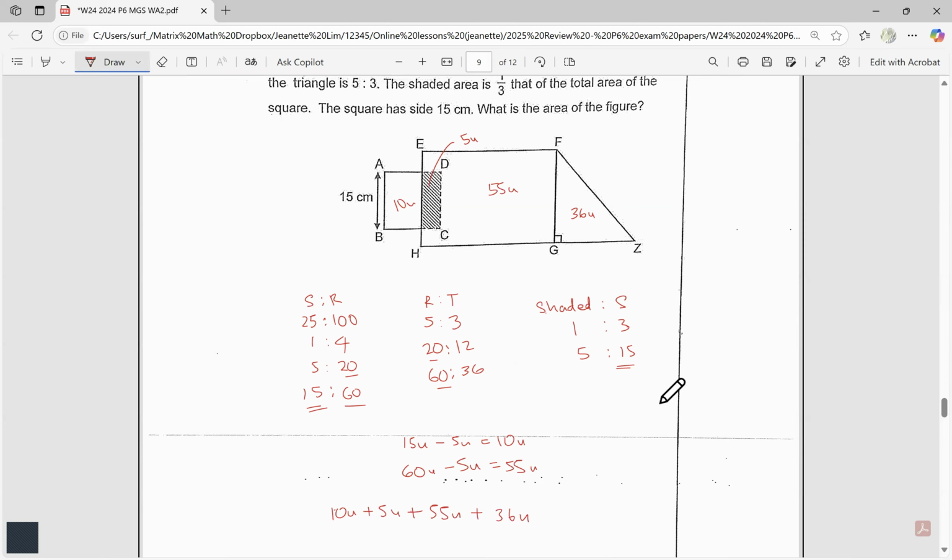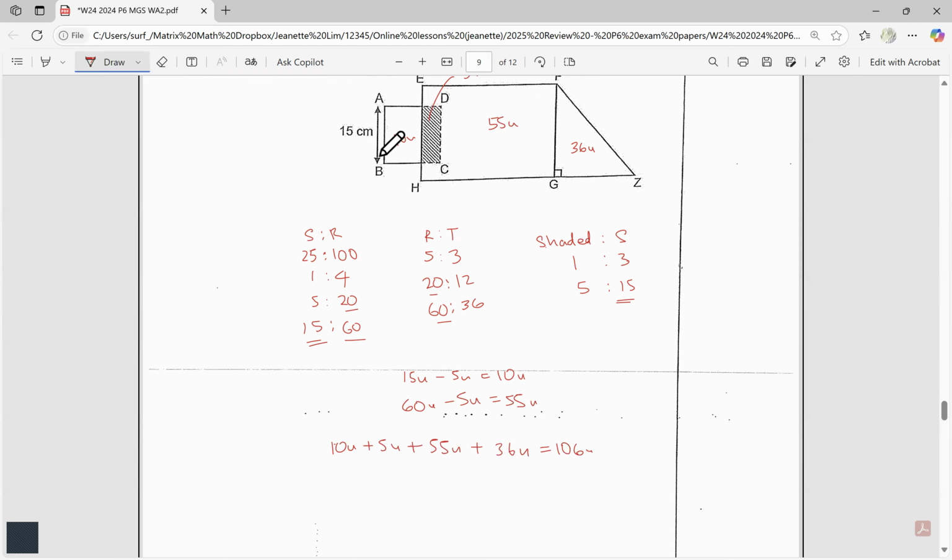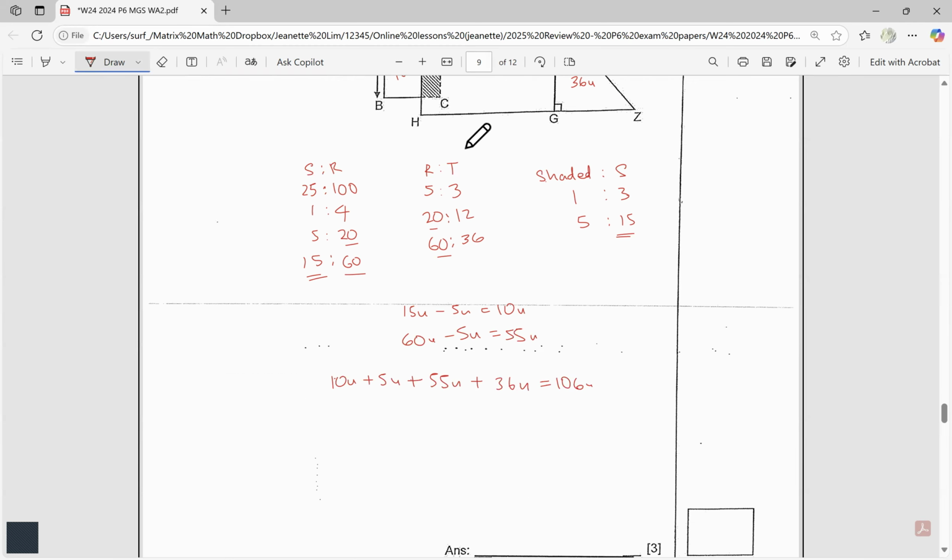Just 106 units. Okay, now we find the square. Area of the square is 15 times 15, which is 225. The square is 15 units.